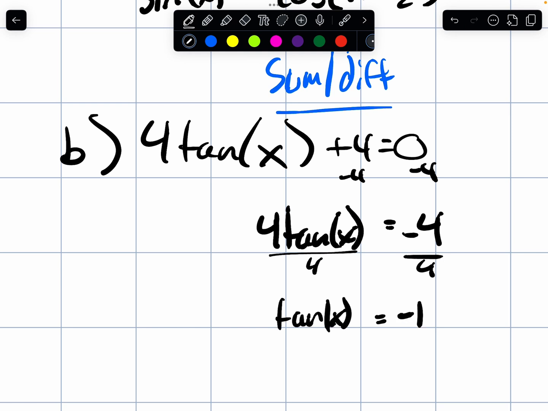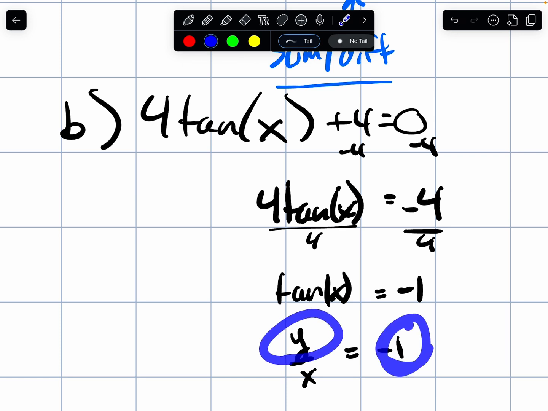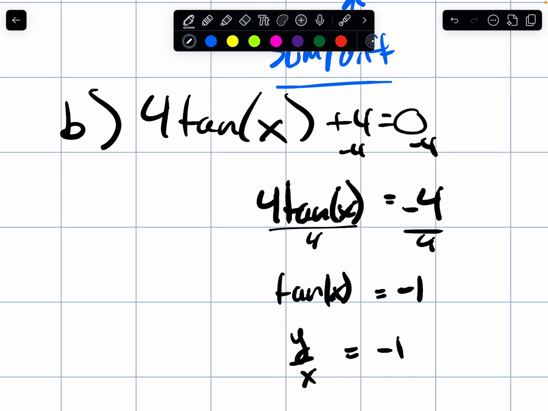Now, here is the fun part. Tangent is y over x. So when my y over x equals -1, let's just forget about the negative. When it equals 1, that means the top and the bottom are exactly the same. So whenever you see tangent is equal to 1 or -1, you know it's going to be one of the pi over 4s.